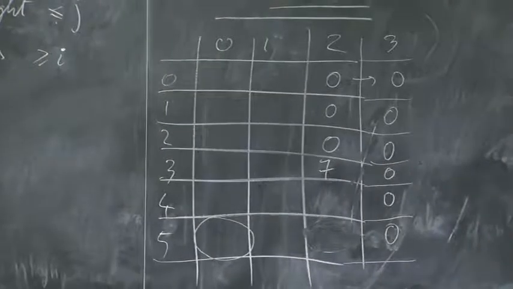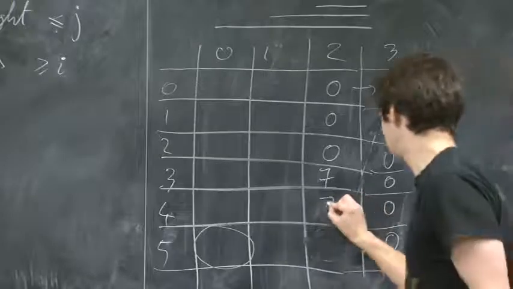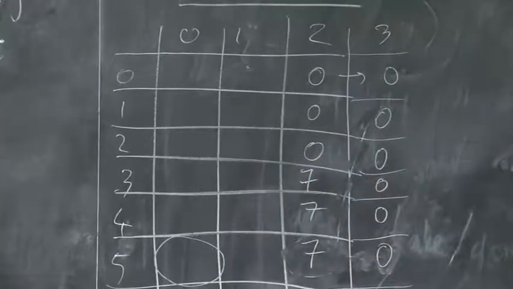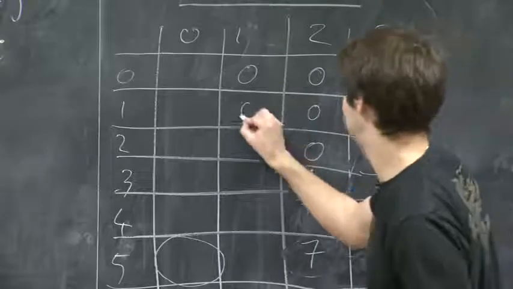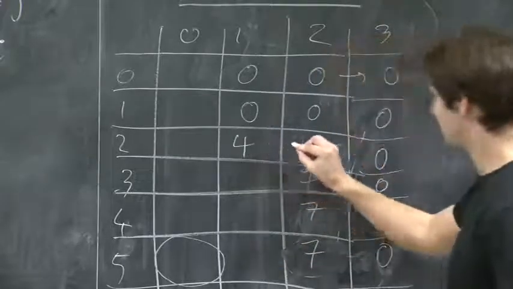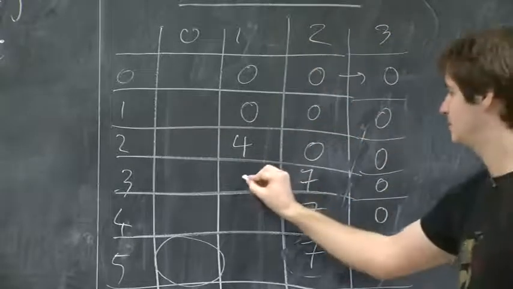That's why it's 7. OK. 7, 7. How about this? 0. 0. 4, 4. The maximum of 0 and 4 plus 0, right? OK.